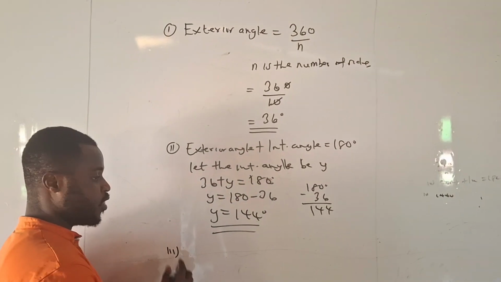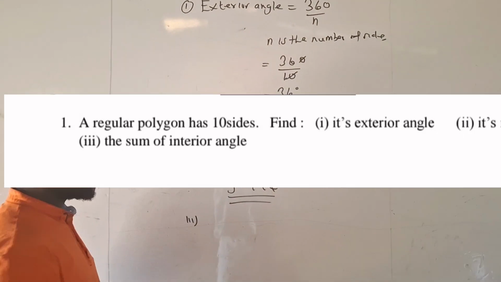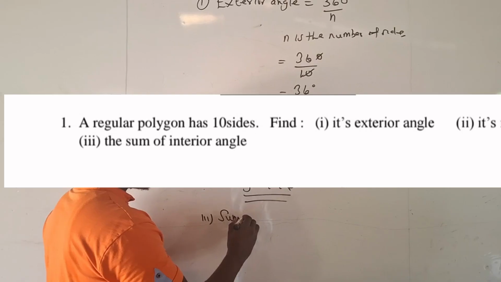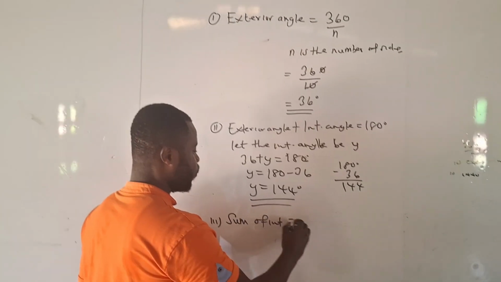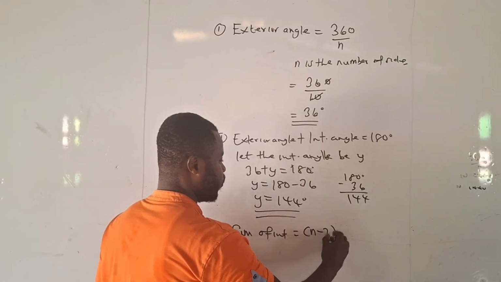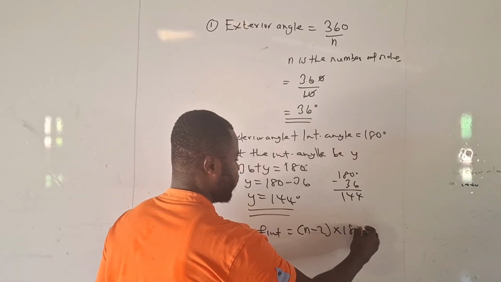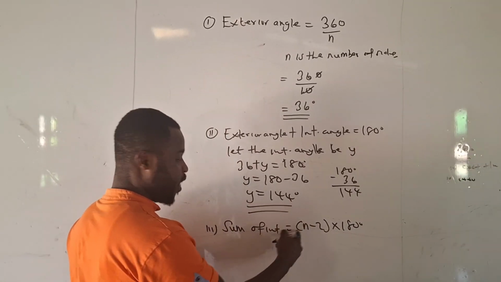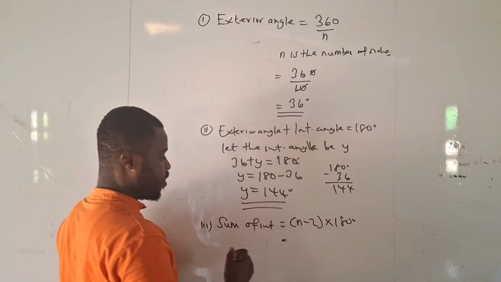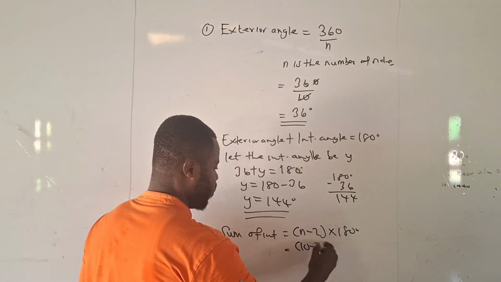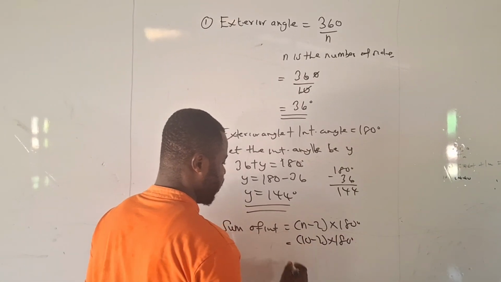Part three says we should find the sum of the interior angles. And we know the sum of interior angles is equal to n minus 2 times 180. n is the number of sides, and here the number of sides is 10. So we have 10 minus 2 times 180 degrees.